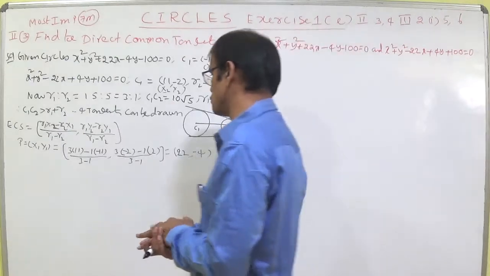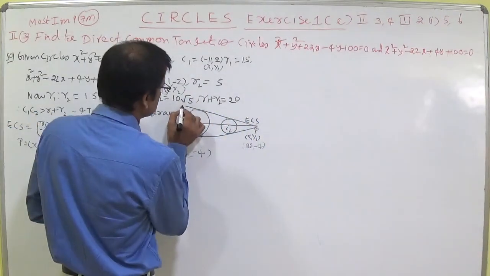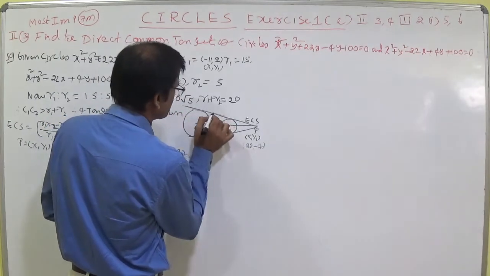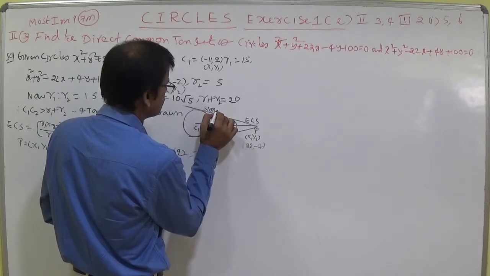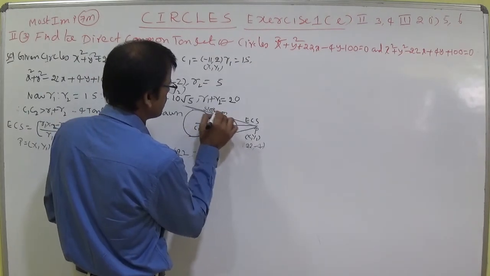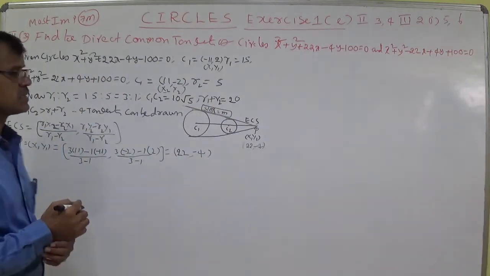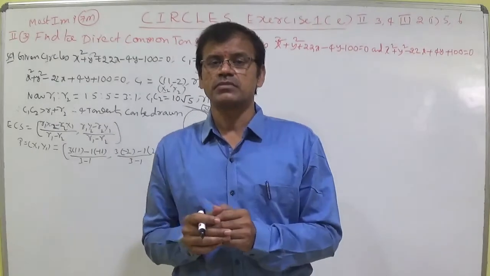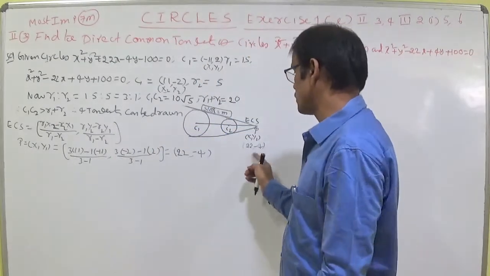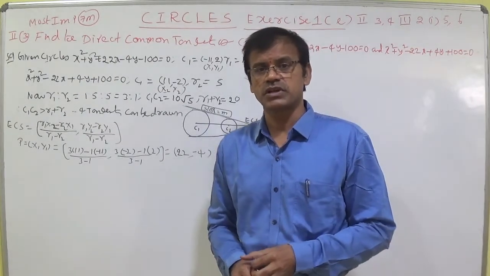I want to discuss an easy method with you. Let the slope of the tangent be m. Depending upon the slope m, and using x1 comma y1, we can calculate the equation y minus y1 is equal to m into x minus x1.